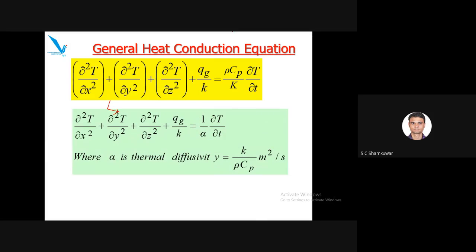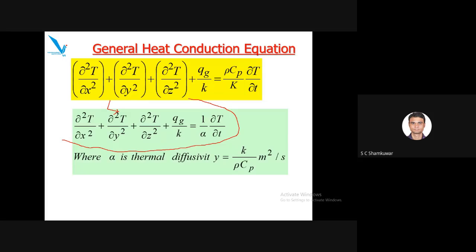We can replace rho Cp by k with 1 by alpha, where alpha is the thermal diffusivity given by k divided by rho Cp. So this equation is very important.